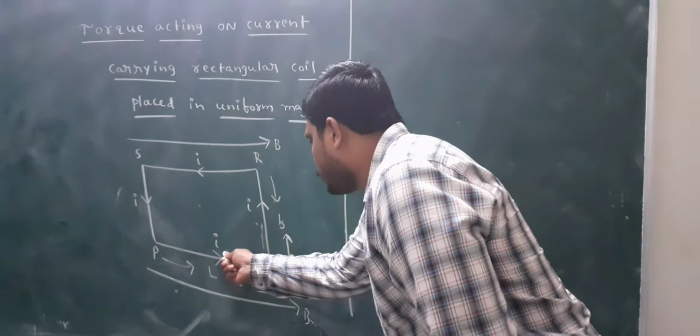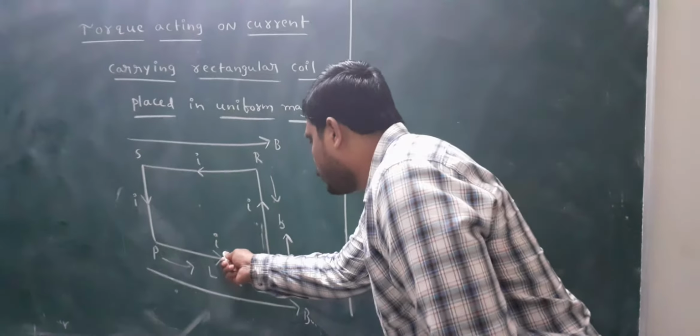Once again I repeat, a current wire placed in a magnetic field will experience a force. Take the force acting on PQ. The force formula is B I L sin theta.